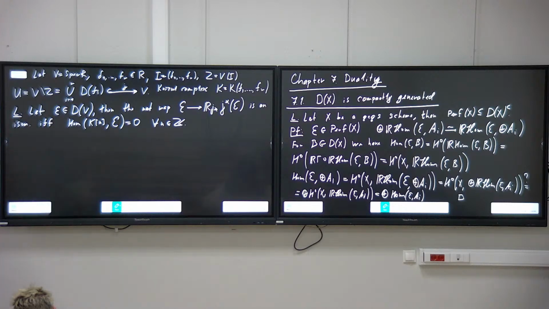So another way to think about this lemma is to remember that in assignment 3 there was a question about the derived category with I-torsion cohomology.